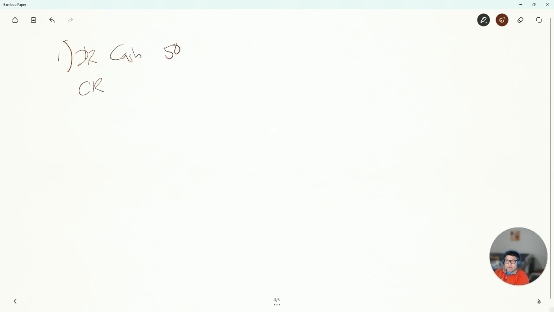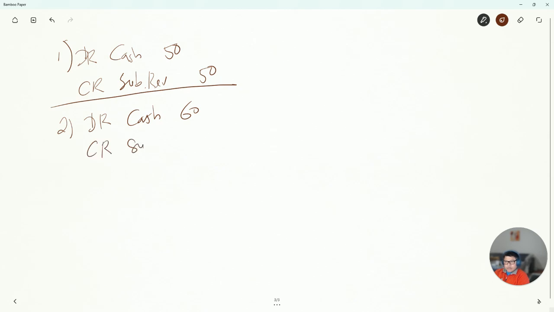Credit we have to recognize as subscription revenue, $50. That's the first scenario. Second scenario, they pay the cash $60. So debit the cash $60. And we only recognize it partially, for the half. So subscription revenue for the current year $30.